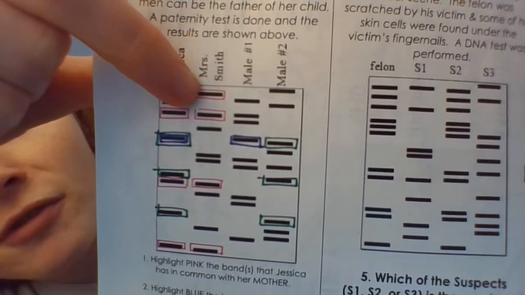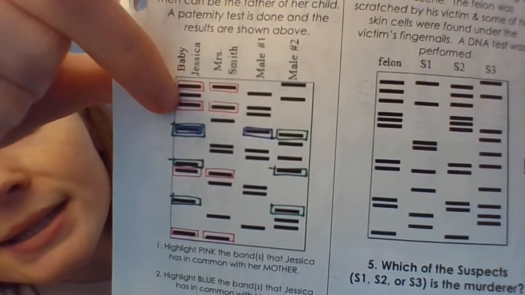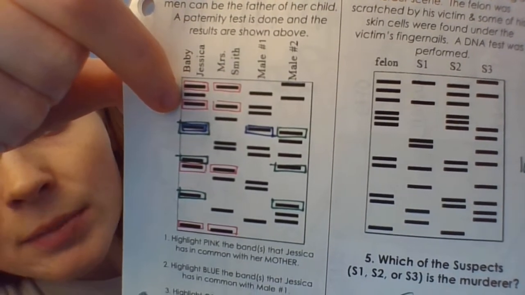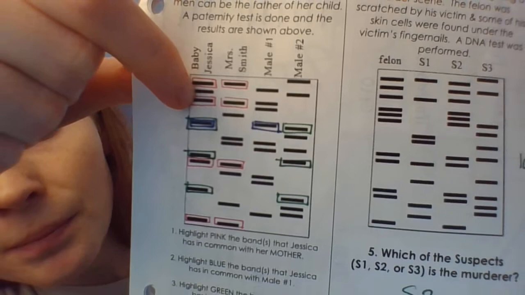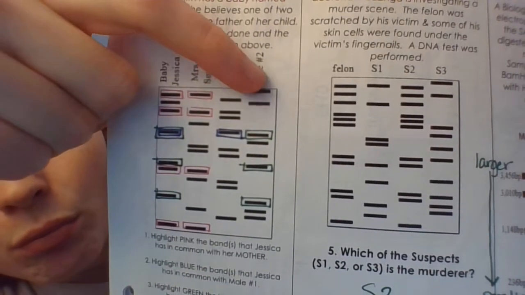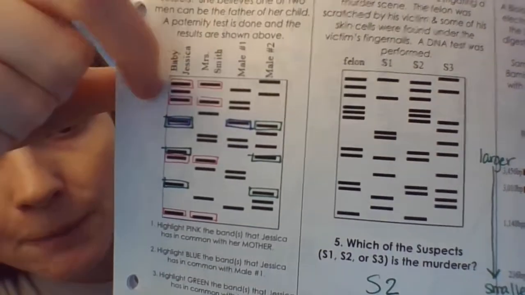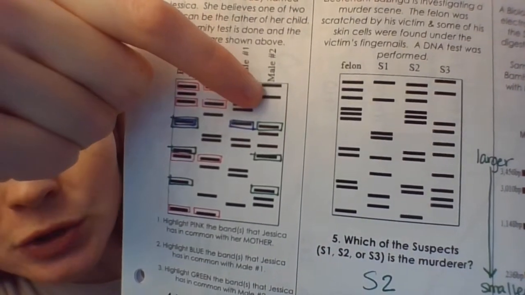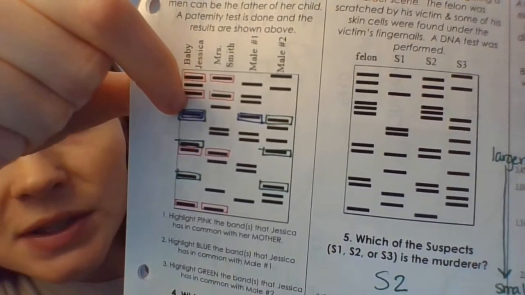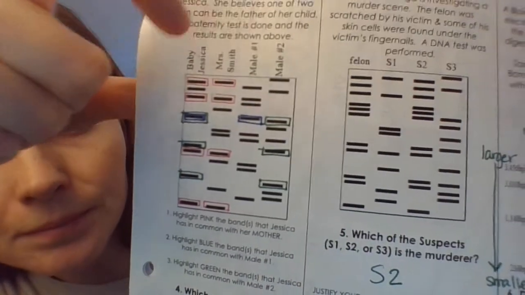She got this band from her mom. Second band, baby Jessica got this one from male 2. Okay? You see how she got this band from male 2? Third band, she got this one from mom.